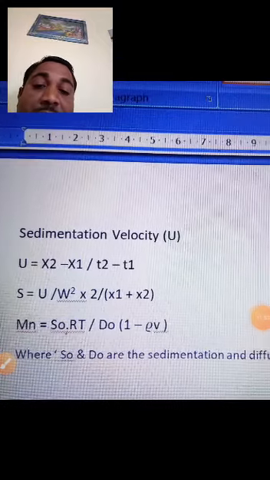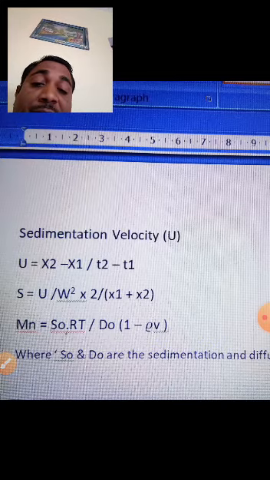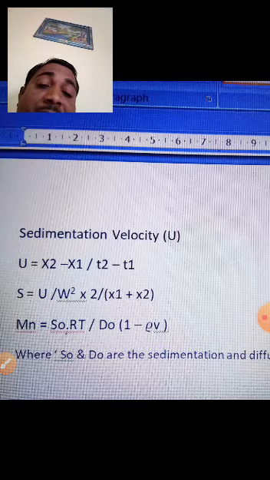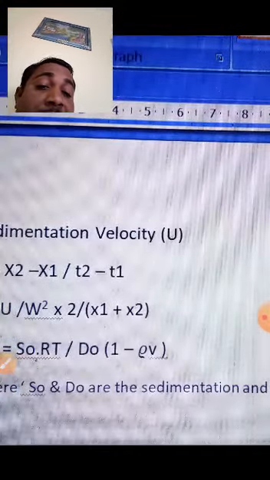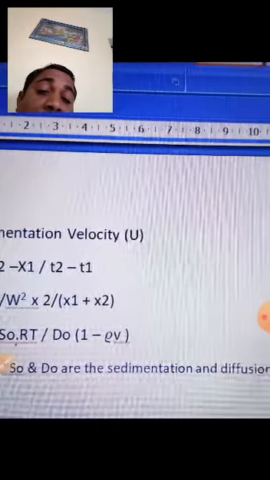If this value is put in that formula, Mn is equal to S0, that means sedimentation constant, R is the gas constant, T is the temperature, D naught is the diffusion constant, rho is the density of solvent, and V is the specific volume of the polymer sample.